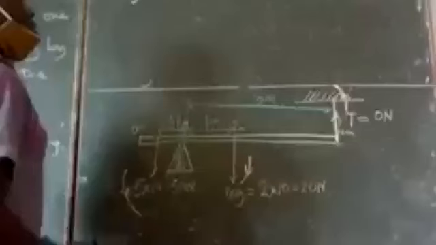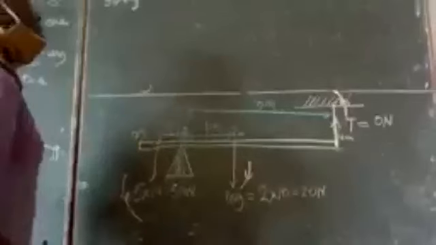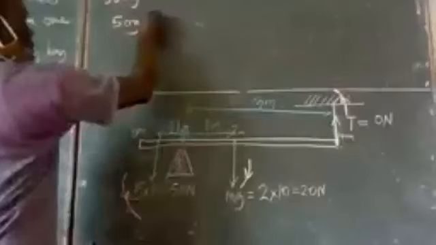Is that okay? And this side we have 50 times 1. That's why we have the distances. So this is 50. So what we get, 50 times 1 gives us 50. So 50Y equals 20. What is our tension? 0.